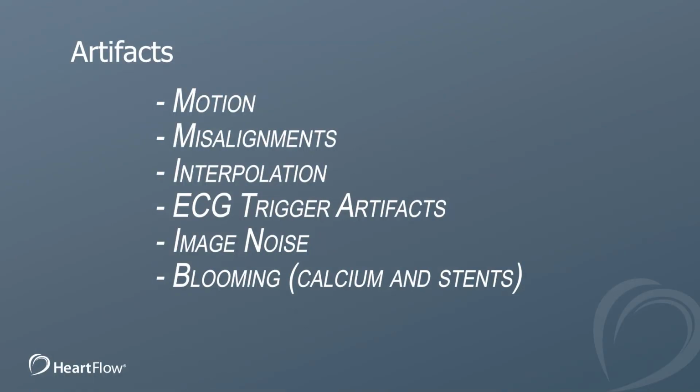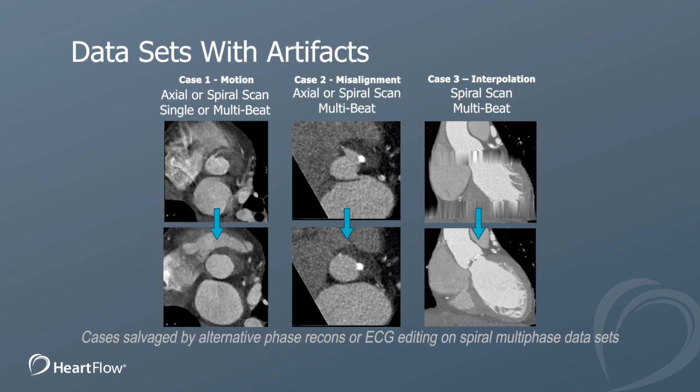So again, to review the artifacts worth considering while you're reconstructing, you have to look for motion effect on the coronary arteries, misregistrations, noise, calcium blooming, and interpolation. How do we cope with these artifacts? Here's an example of scans with artifacts using different scan modes.